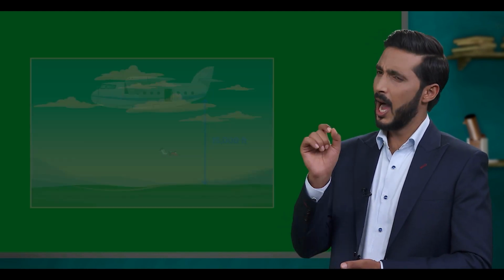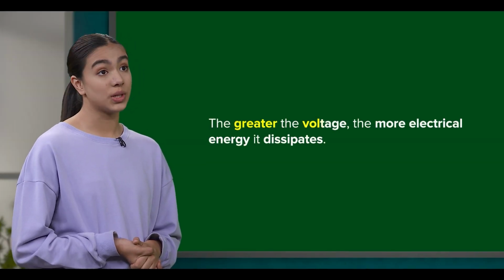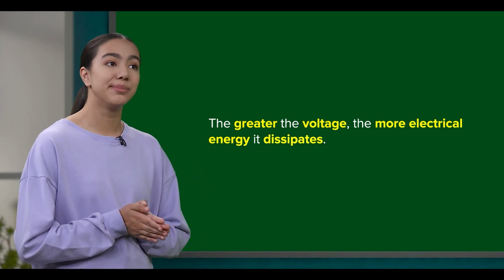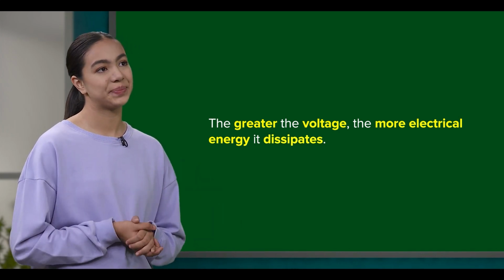The voltage capacity of the source would be analogous to the height of the aeroplane you're jumping off from. I get it. The greater the voltage, the more electrical energy it can dissipate, similar to how height and GPE are related. Wonderful.